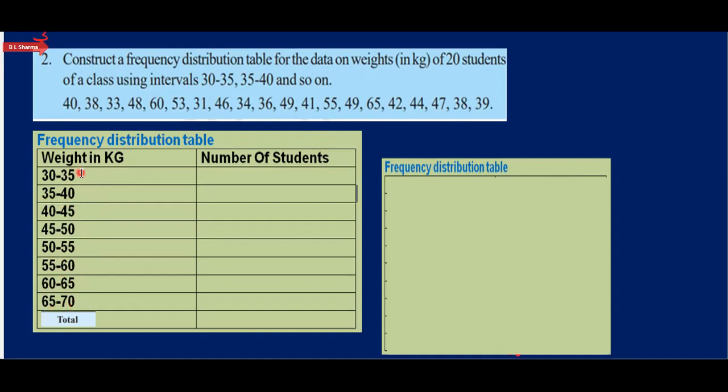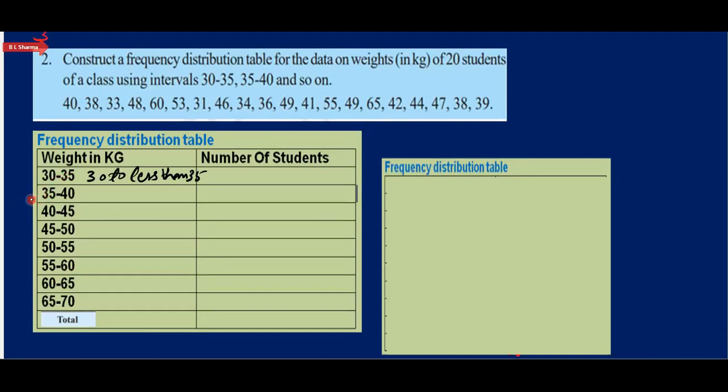देखिए यहाँ पे ये जो हमने लिया है ये continuous class interval है, means the upper limit is 35 of the first class and of the second class the lower limit is 35. So we will write here 30 to less than 35. ये 35 इसमें इंक्लूड नहीं होगा, यहां इंक्लूड होगा.